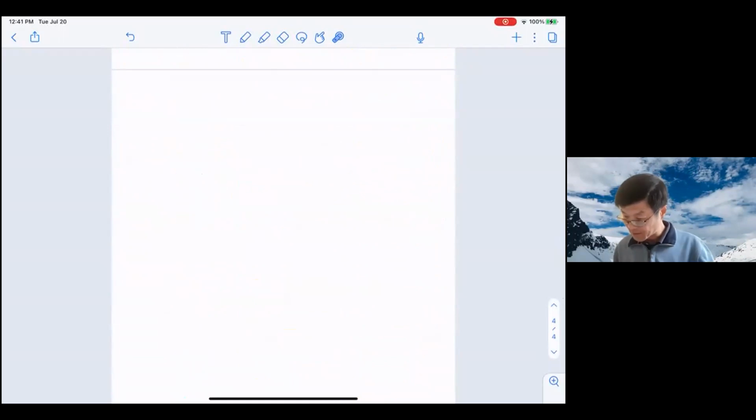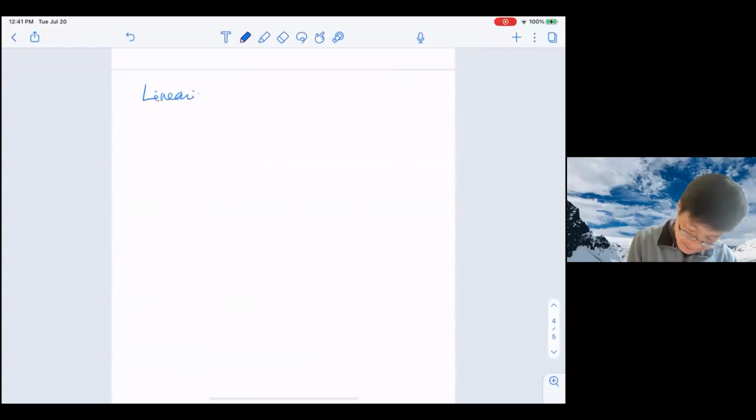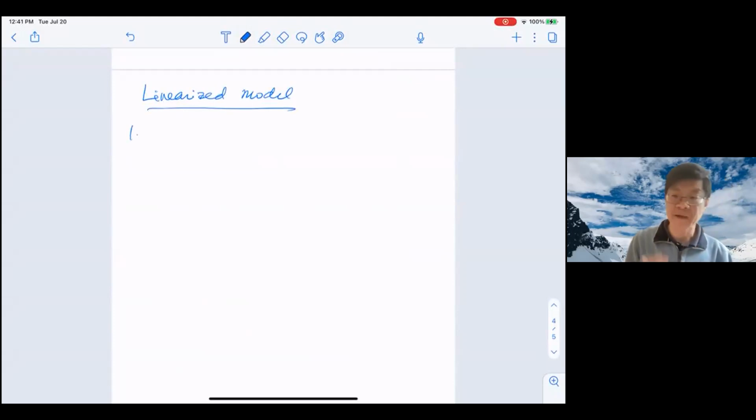So the linearized model. Let's see. So the key assumption is one similar to the linearized model for the single phase model, that we can ignore, we can set this to 0.